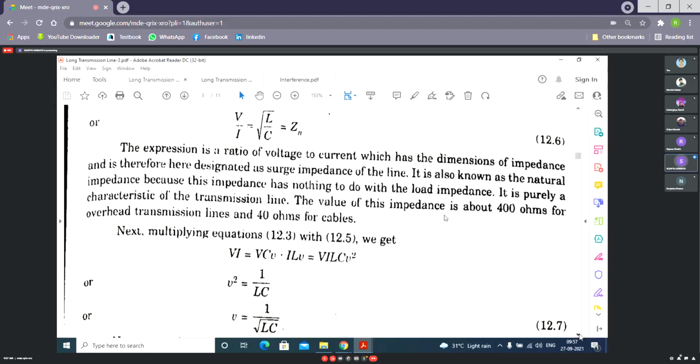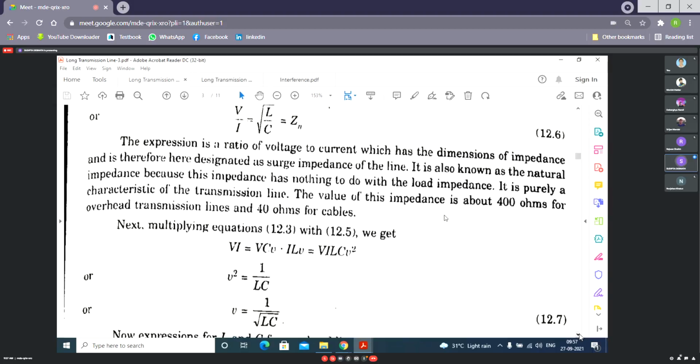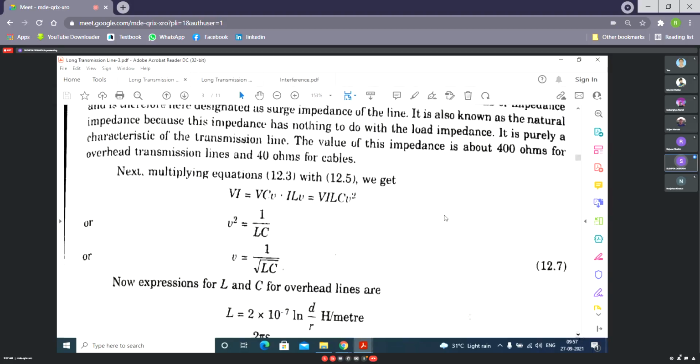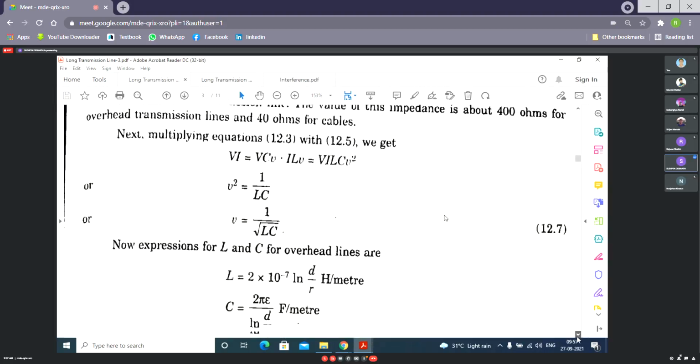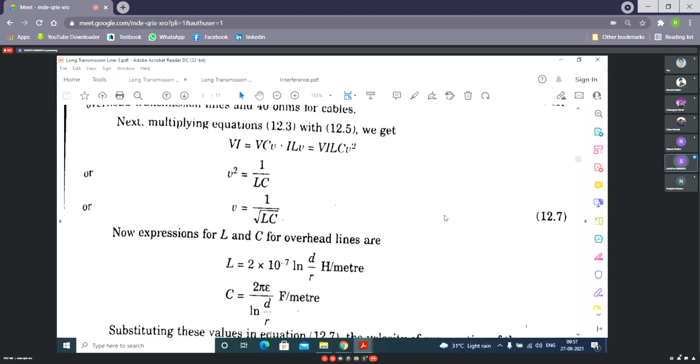Now, as I have told you, L and C are fixed for transmission lines. So we can replace L by this formula, though here it will be not r but r dash, but we have approximated it considering r. So this ln d by r and ln d by r will cancel out in L into C. Ultimately what will remain is 2 pi epsilon into 2 into 10 to the power minus 7, which is a constant term.